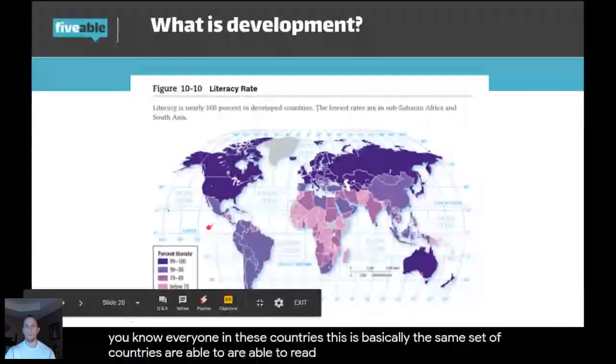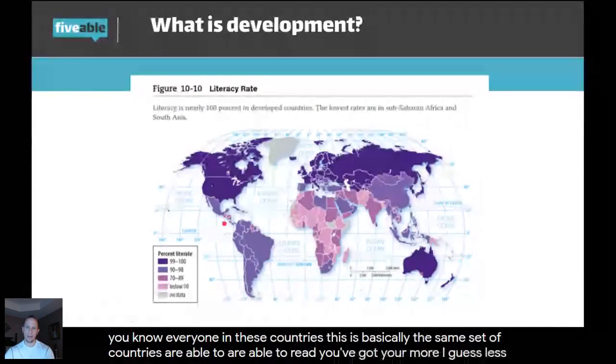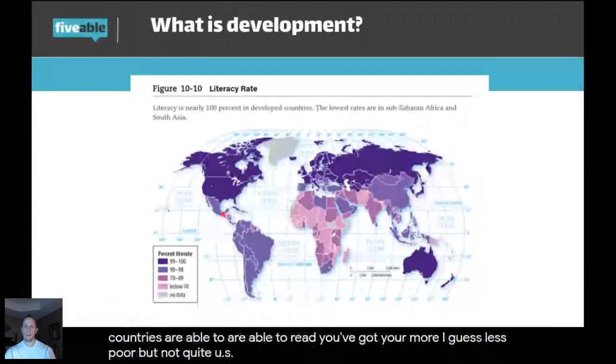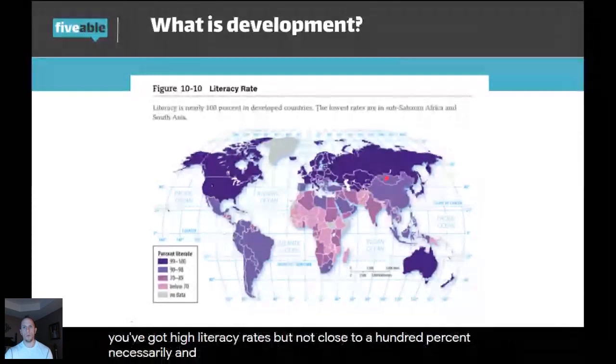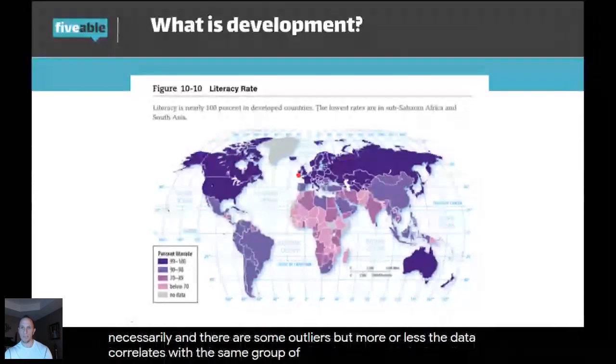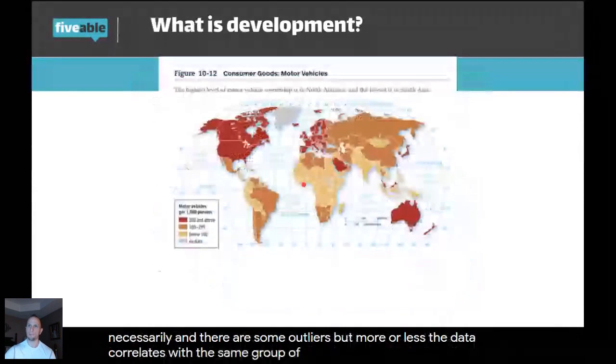You've got your less poor but not quite U.S. rich countries like Central and South America, parts of Southern Europe and the Middle East, where you've got high literacy rates but not close to 100% necessarily. And there are some outliers, but more or less the data correlates with the same group of countries as with the other indicators we're looking at.